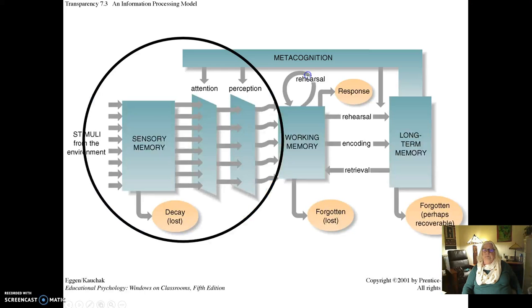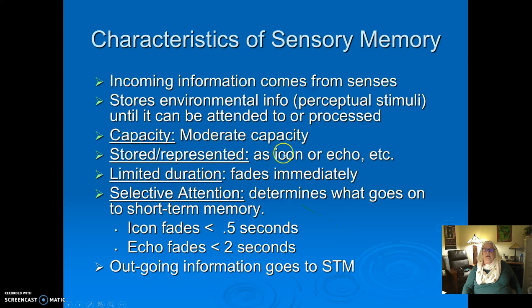Let me back up here. The duration of time is very short. For images, it's about half a second. So contrary to what it appears to us consciously, we think that we're a tape recorder or a video recorder and it's a continuous feed.